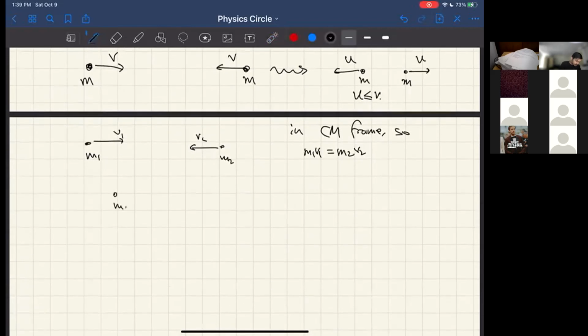Then they bounce back with kv1 and kv2, where k is between 0 and 1, and k equals 1 for elastic. So collisions, especially elastic collisions, are very simple in the center of mass frame.